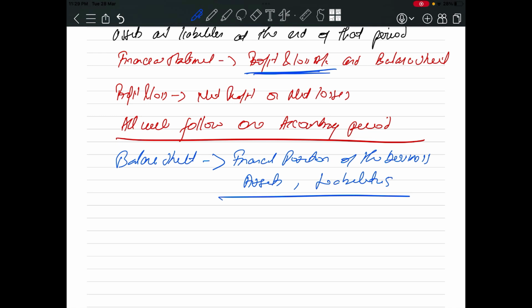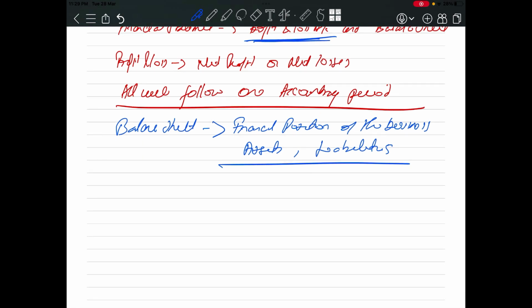This is the simple reason behind preparing financial statements. Now do you think it is possible for a businessman to evaluate the financial statements every day? Is it possible? No, right? Every month? No. Every week? No, right? So in general, every businessman evaluates this in a year.